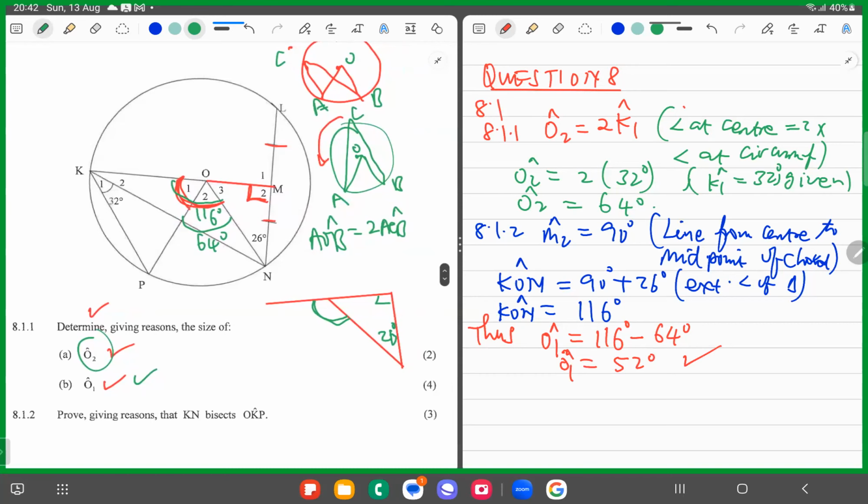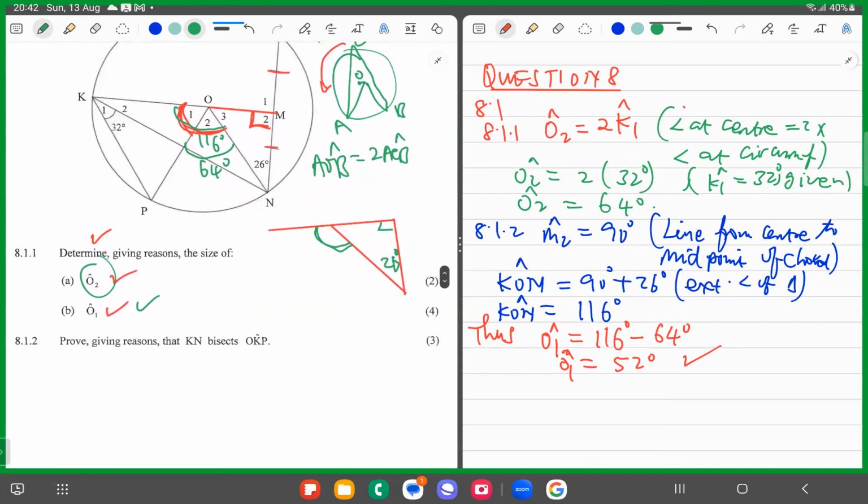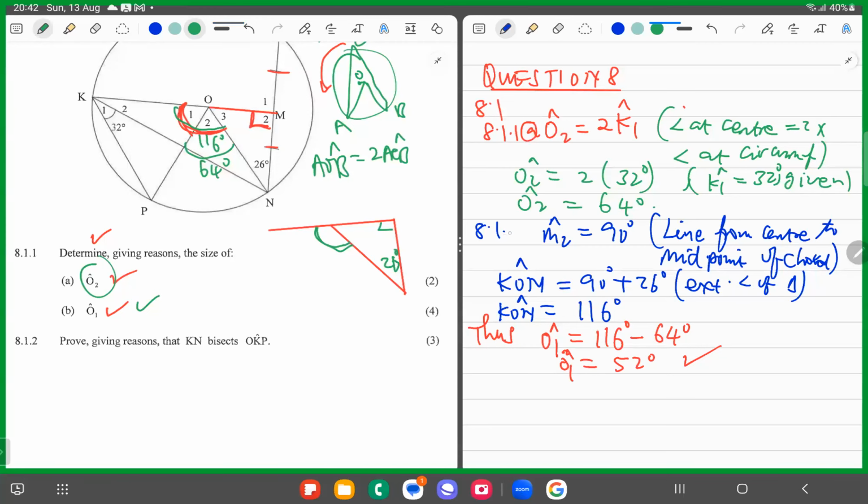Right, so we continue. Now this was 8.1.1, so this was 8.1.1a. And this was still 8.1.1, but it was the B part.